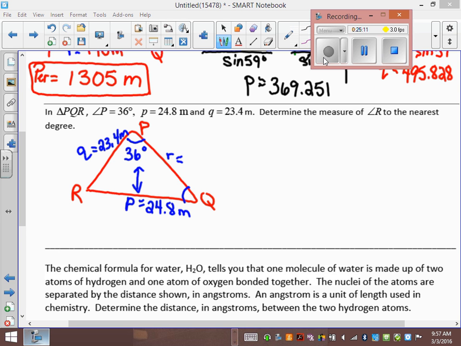So we can't find little r, our angle R, straight off right away because we don't know side r. So what are we going to have to do? We know angle P and side P, so we have a side angle pair.